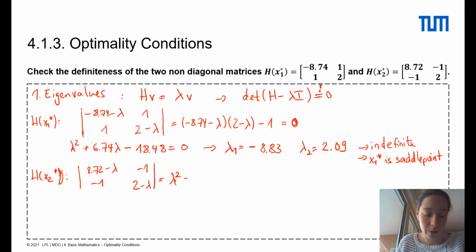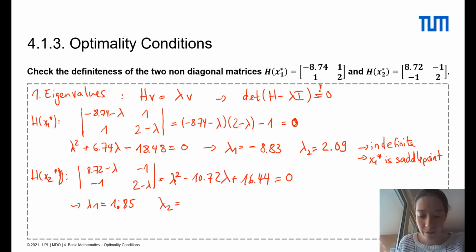So we got lambda squared minus 10.72 lambda plus this minus this is 16.44 equals 0. And the two eigenvalues, lambda 1 is 1.85 and lambda 2 is 8.87. So our Hessian is positive definite, and x2 star is a minimum.